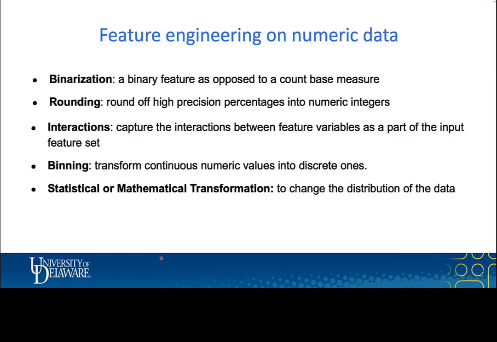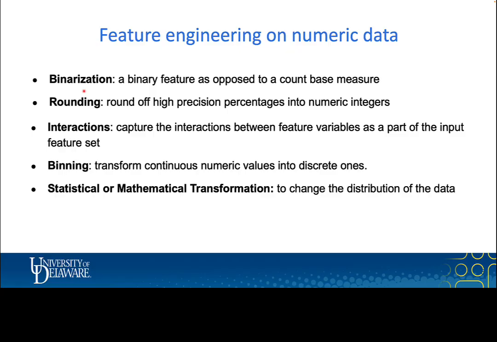Described in this slide are some feature engineering methods for numerical data. There are cases where the raw frequencies or counts may not be relevant for building a model based on the problem which is trying to be solved, and maybe only the presence or absence of the feature is relevant. In those cases, binarization could be applied.